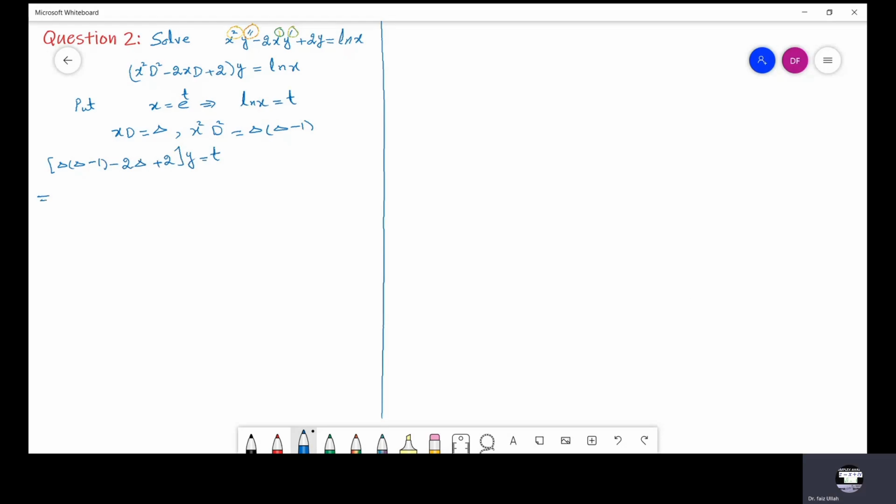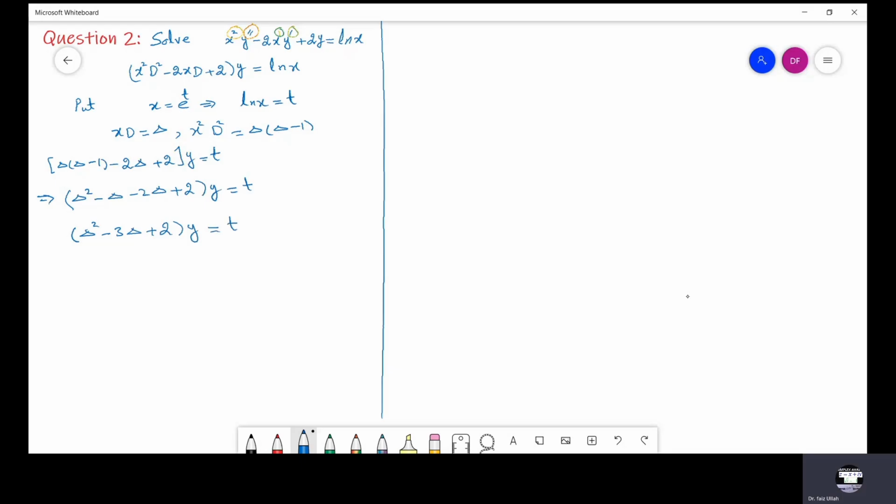Let us simplify this. We get delta square minus delta minus 2 delta plus 2 whole into y is equal to t. And now if we further simplify this, we have delta square minus 3 delta plus 2 into y is equal to t.